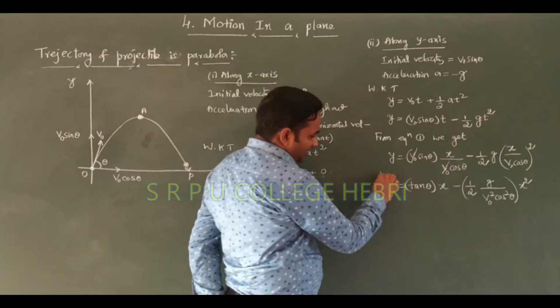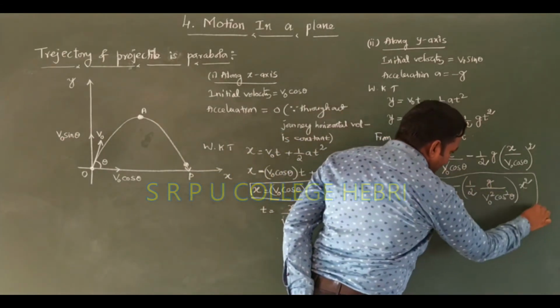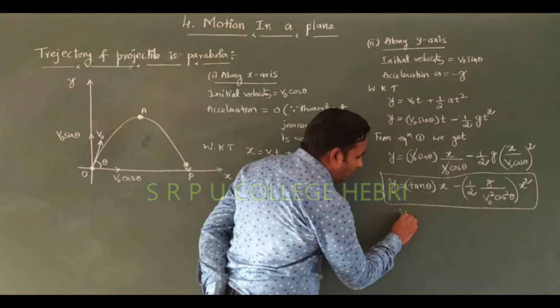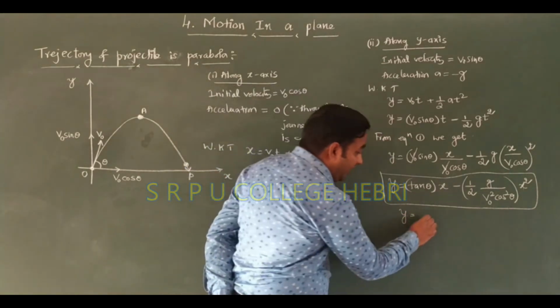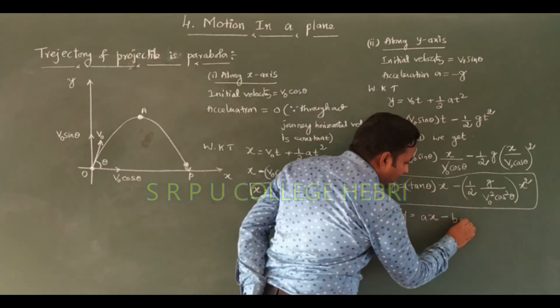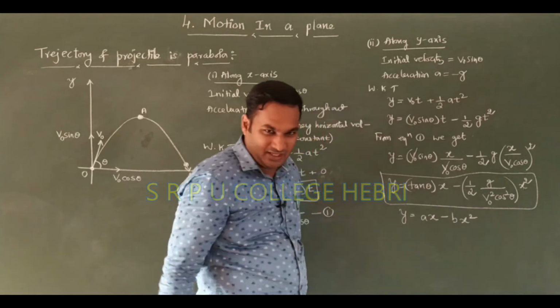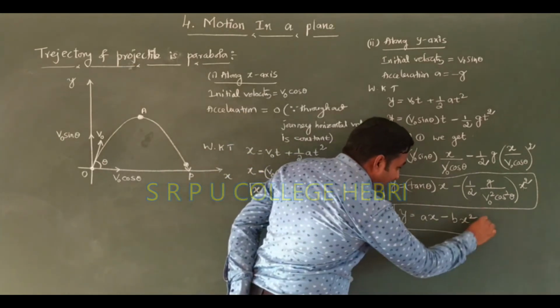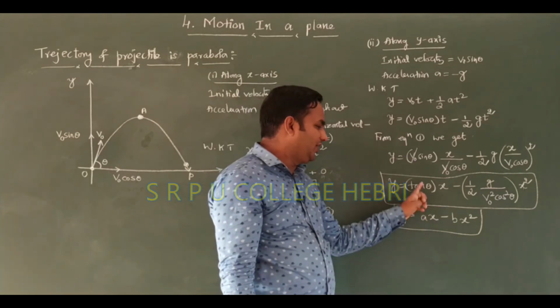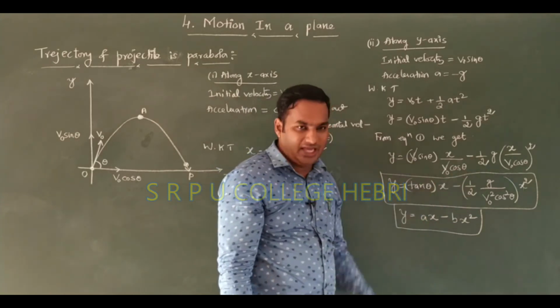Dear student, this equation is exactly of the form y is equal to ax minus bx square. And remember, the above equation is exactly of this form, y is equal to ax minus bx square.